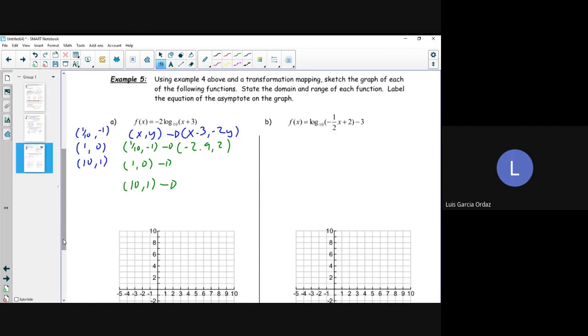So what are the next two transformed points going to look like? We're going to have negative 2 and 0, and 7 and negative 2.